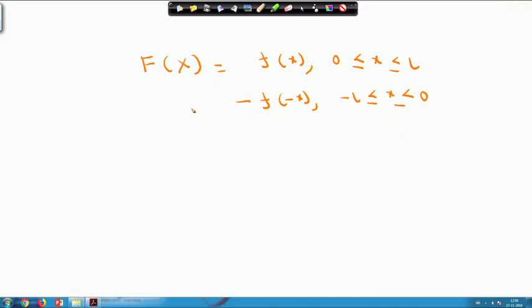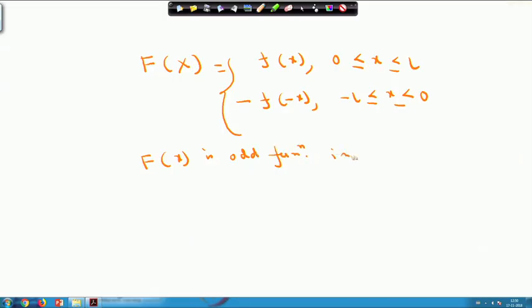So, I am defining a new function capital F x equals small f x when x lies between 0 to L, and it is minus f of minus x when it is lying between minus L to 0, so that your capital F x is an odd function.